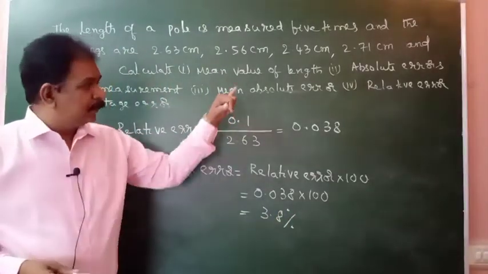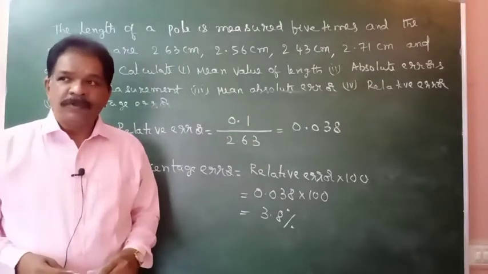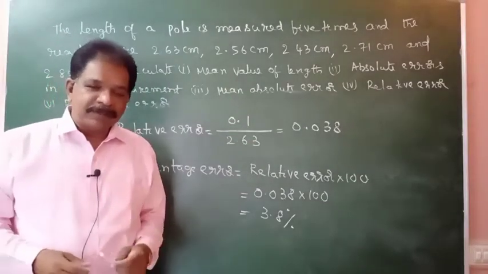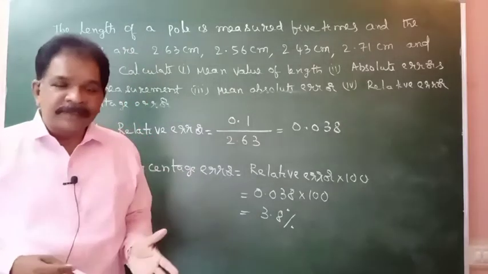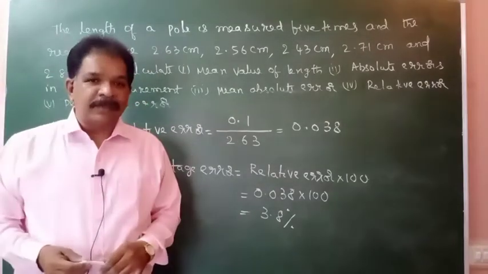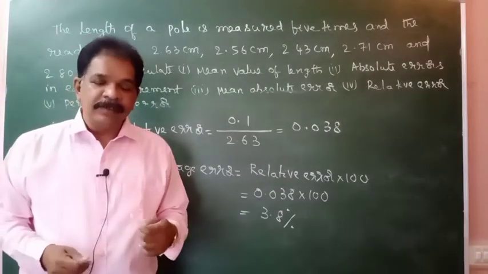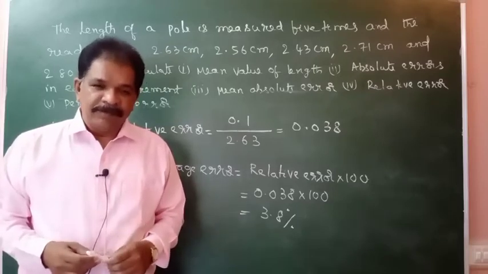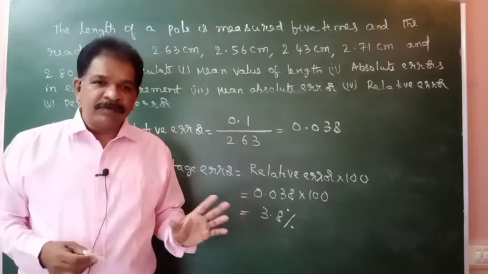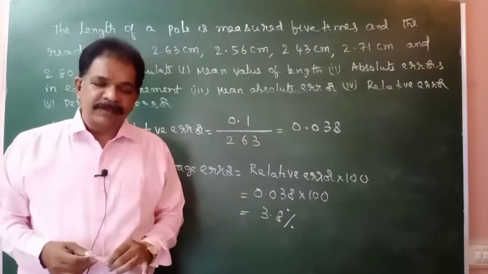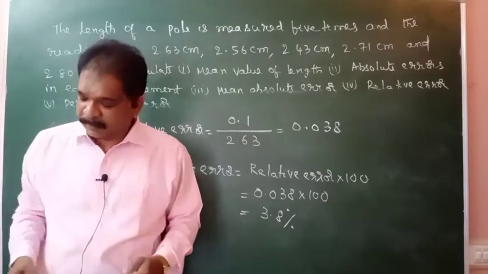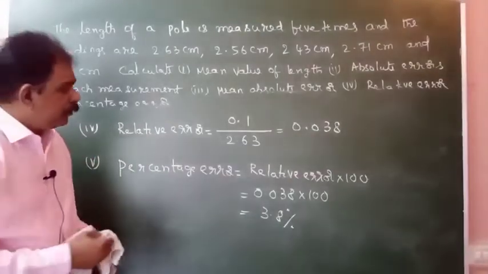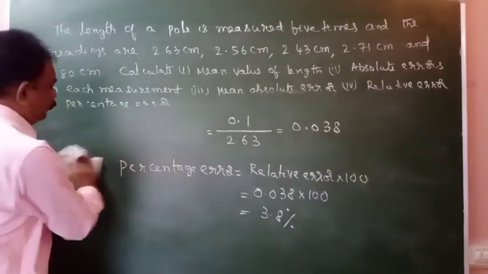Clear? In this way we have to do the problem. So next, after completion of this, we will discuss combination of errors in addition, in subtraction, in multiplication, in division. They will ask to calculate the errors. How to calculate those errors? Let us see.